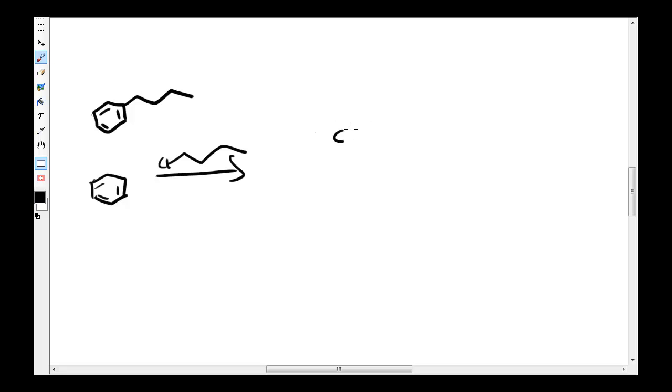So what will happen is you'll get something like this, with this carbocation rearrangement instead of what you want out here, because this being secondary is more stable than this primary carbon.